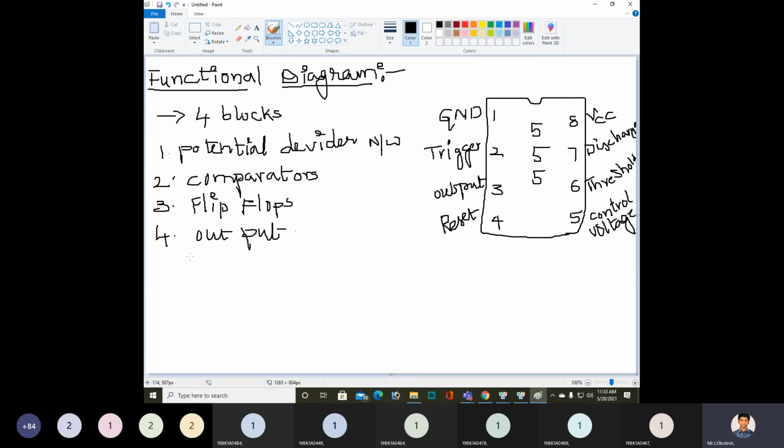Okay, now we need to see the complete diagram of this IC 555 timer, the block diagram or functional block diagram of IC 555 timer. This is the pin description.